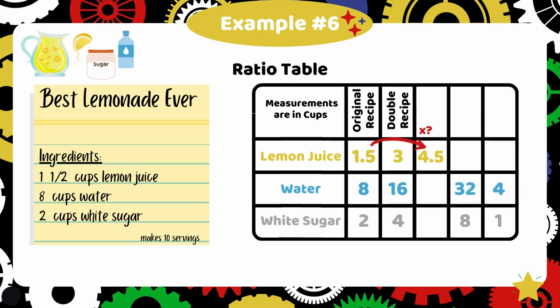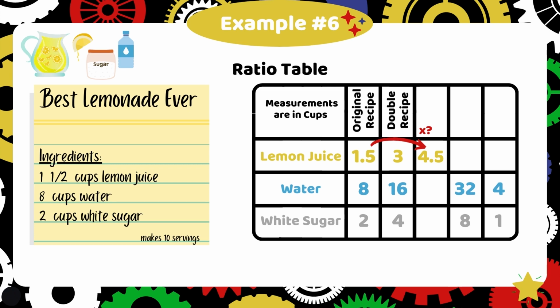Now, how are we going to figure out what this third column is? If I have 1.5 cups of lemon juice in the original recipe, what do I need to do with that multiplication-wise to get 4.5 cups? Well, you might know, but if you don't know, you could divide. You could do 4.5 divided by 1.5.